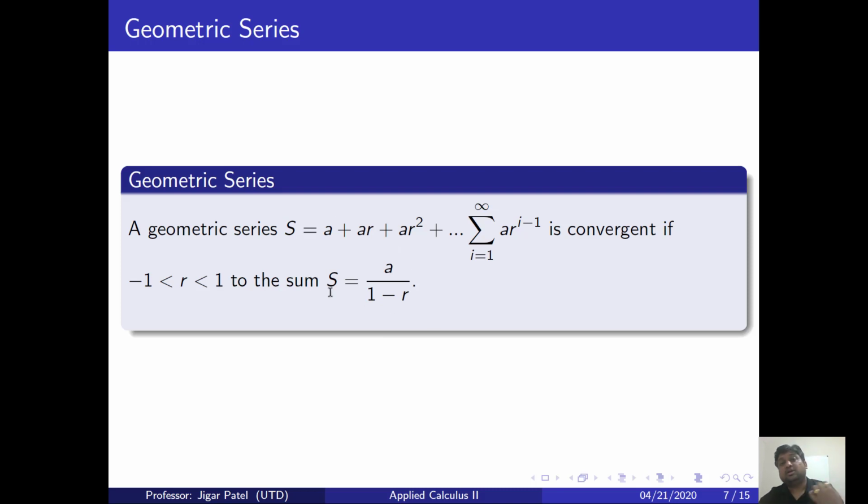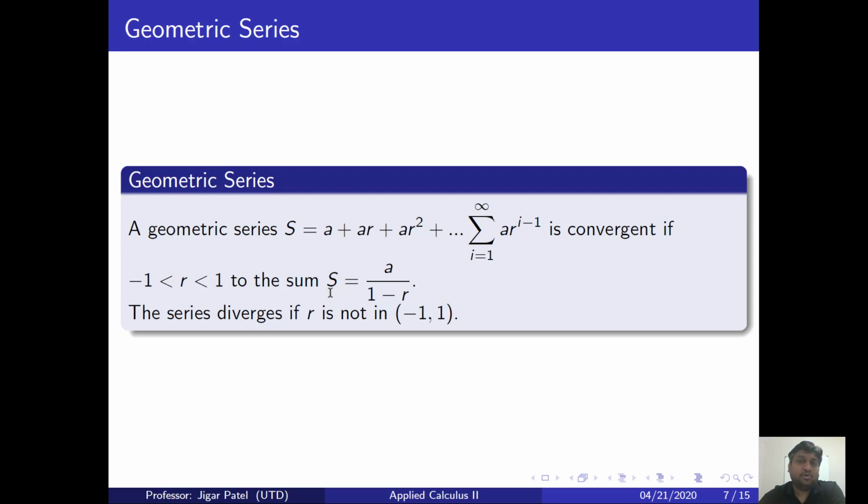So this is the number that you are going to get as a result when your series is convergent. But remember, a geometric series converges only when the common ratio is between -1 and 1. Alright, if the common ratio is outside this interval, then the series is divergent. You add infinitely many terms, the result is going to be infinity or negative infinity, or the limit does not exist. Alright, so very simple result.